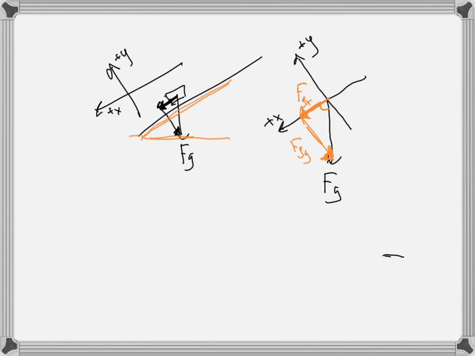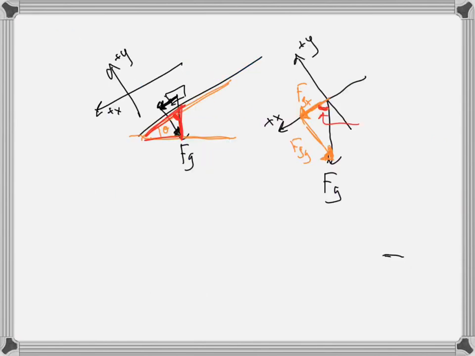This is why it's helpful to look at both pictures. This is the angle theta. So the other angle that I've drawn in here, which I'll now make red, is not theta. It's this angle here, and that is 90 minus theta, where theta was 25 degrees.